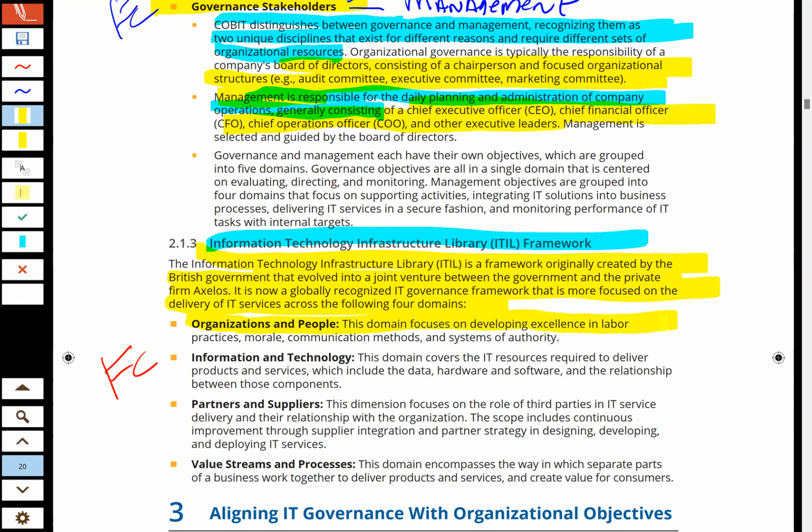Okay, excellence in labor practice, information and technology. This domain covers the IT resources required to deliver products and services, including data, hardware, software, the partners and suppliers. We considered that dimension, and then value streams and processes encompasses the way in which separate parts of the business work together to deliver products and services.